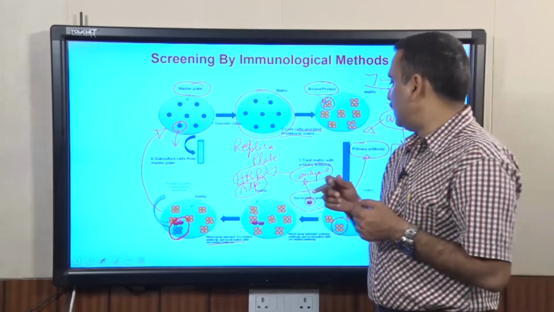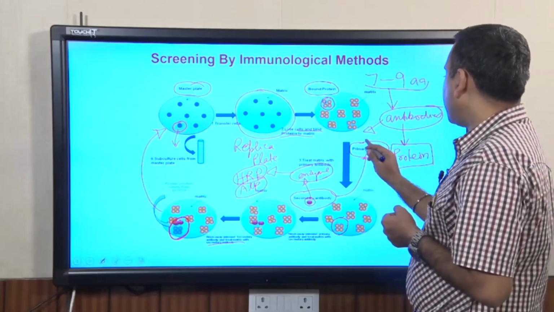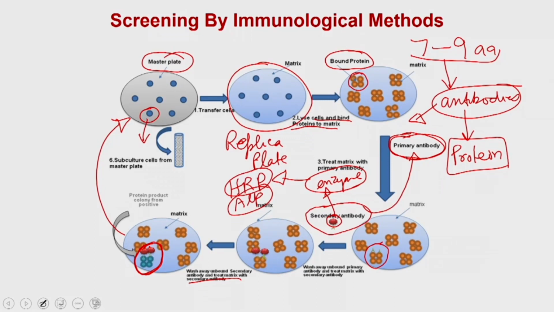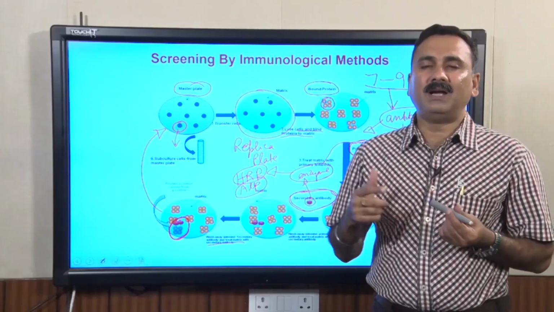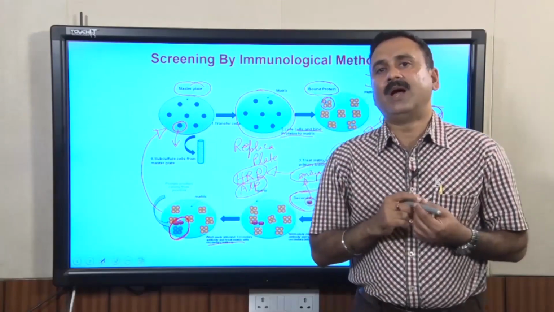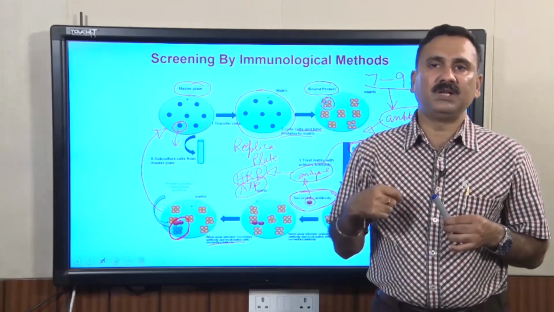Now the question comes, why are we using primary antibodies, and why don't we just use the primary antibodies labeled with the enzyme? The reason we use two antibodies instead of one is that once you use the primary and the secondary antibodies, you amplify the initial signal.